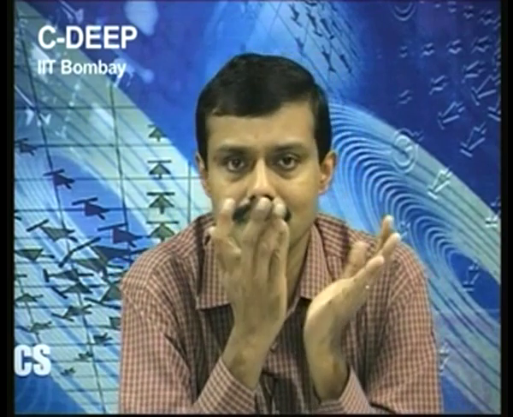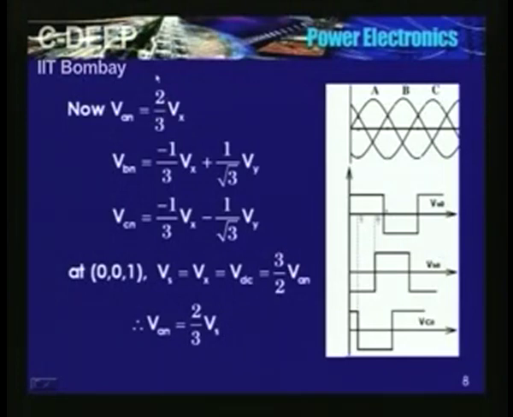How do I calculate VAN, VBN and VCN? There exists a relationship. See, here is the relationship. VAN is equal to 2 by 3 into Vx, okay. So there is a way to derive this. I am not going to tell you how to derive this relationship, okay. But then it can be derived.